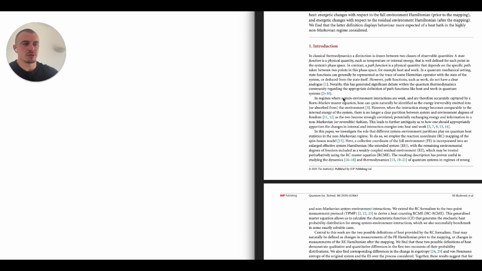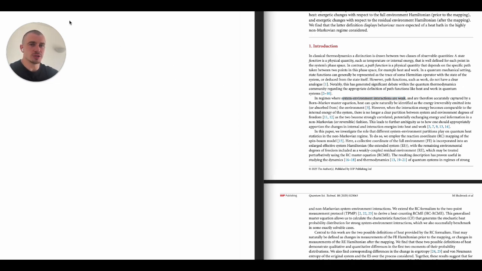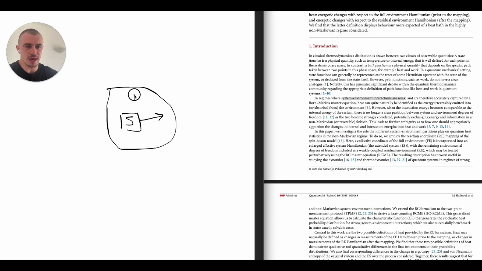So defining heat in quantum mechanics isn't all bad. If you have very weak system-environment interactions, then you can essentially just define your heat transfer as any energy which is exchanged between the system and the bath that the system is in contact with. For very weak interactions, this is a reasonable thing to do.